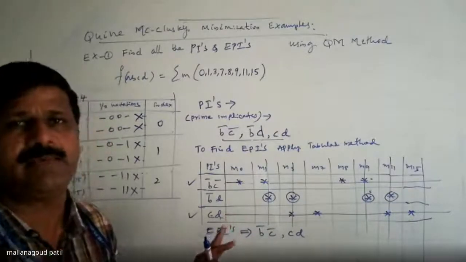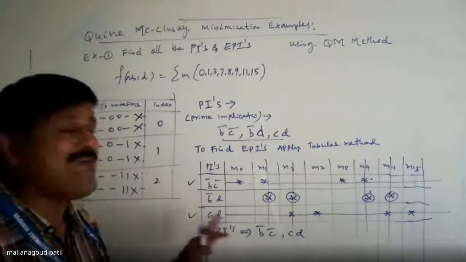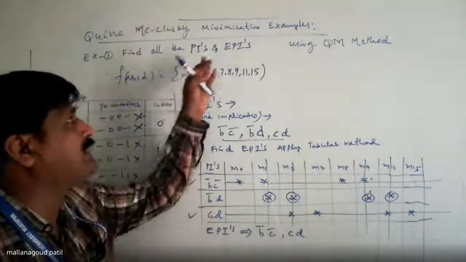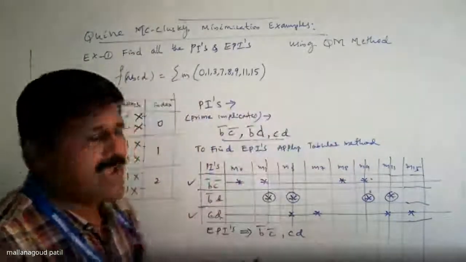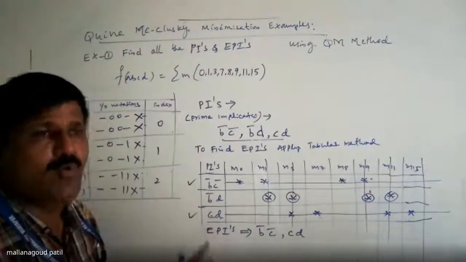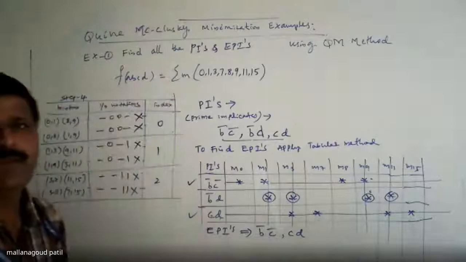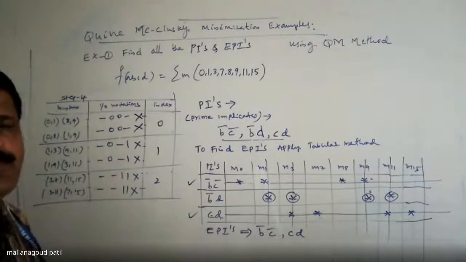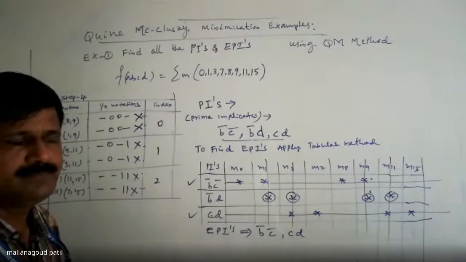In the examination, in the CIE test, we may ask you to do this example in both the QM method and the K-map, and compare. That extension I am doing now. How many input variable bits does this problem statement have? 4 bits, sir. 4 bits.